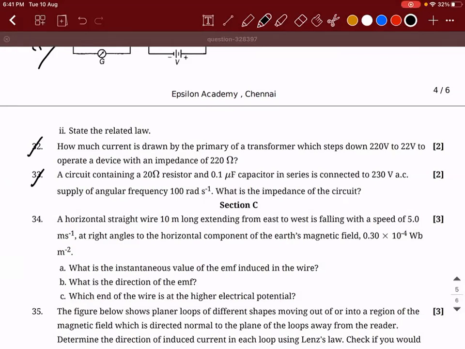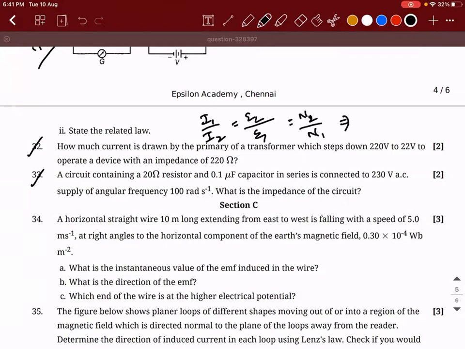How much current is drawn by the primary of a transformer which steps down 220 to 22 volt to operate a device with an impedance of 220 ohm? If you remember, I1 by I2 is equal to E2 by E1, which is equal to N2 by N1.